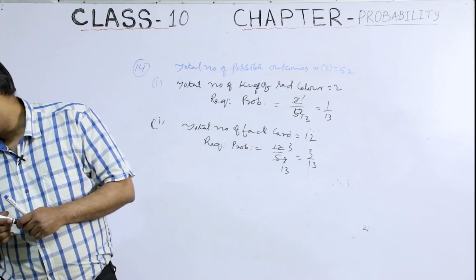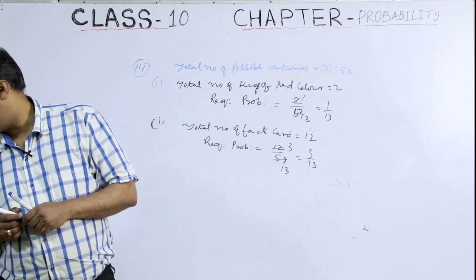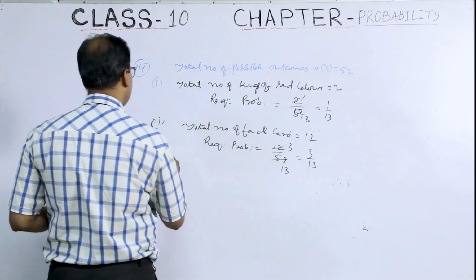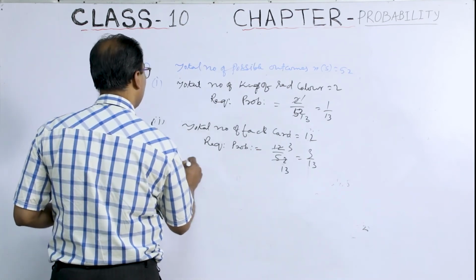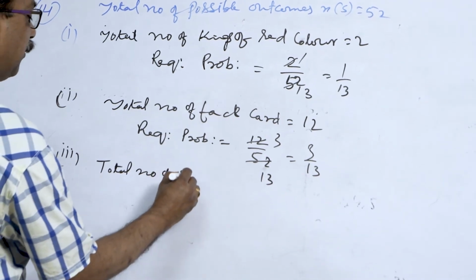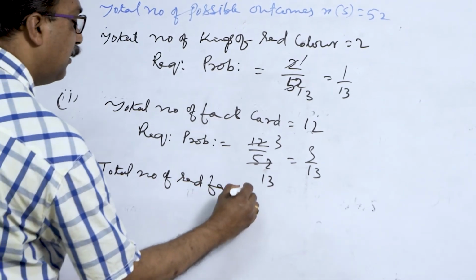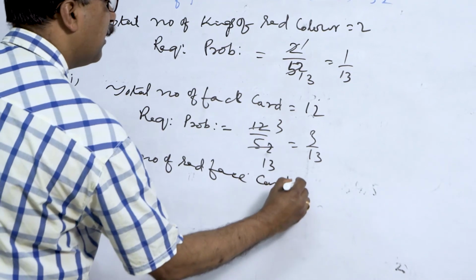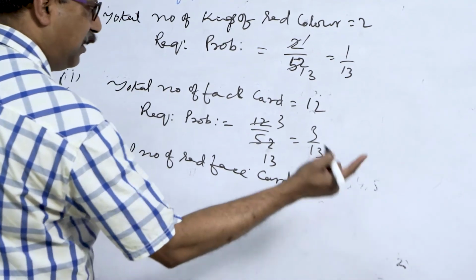Then next one, a red face card. The total number of red face cards. How many? 6. So number 3, total number of red face cards is equal to 6, 3 plus 3.